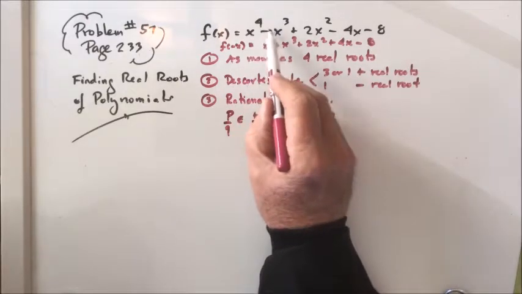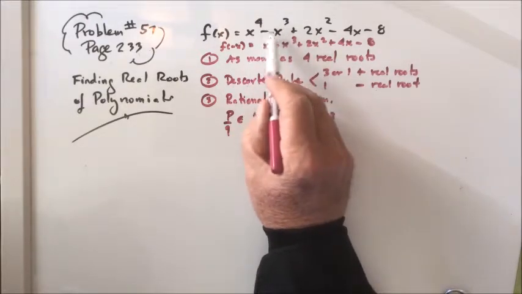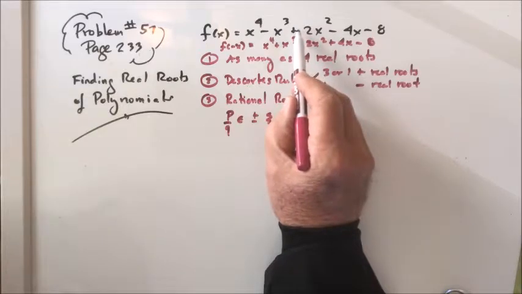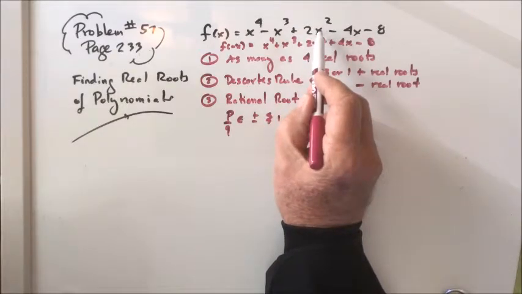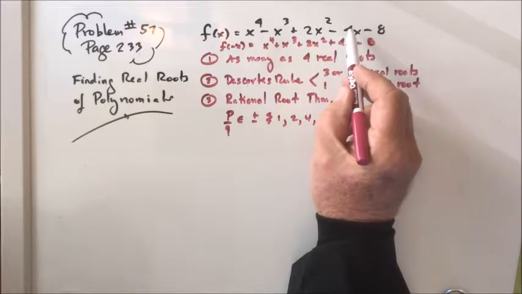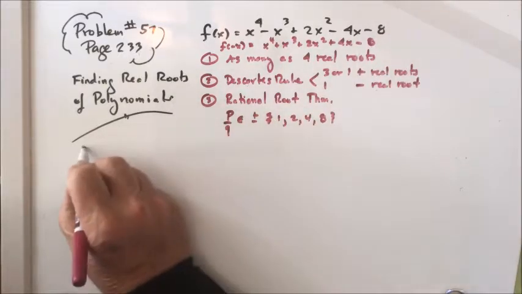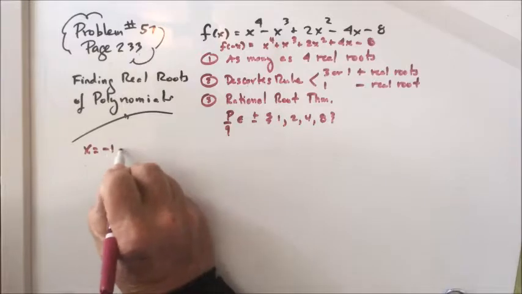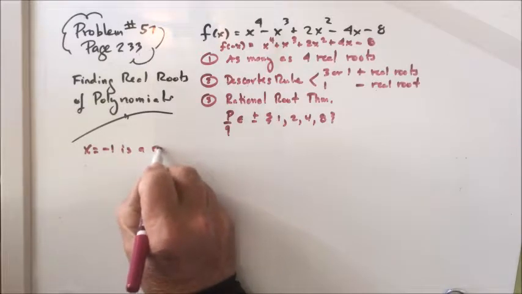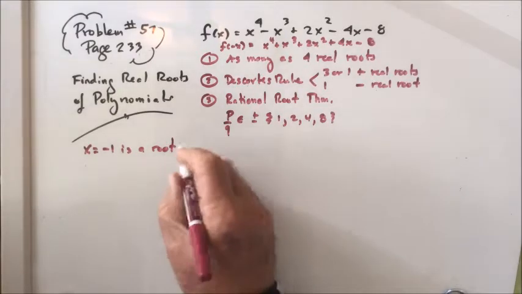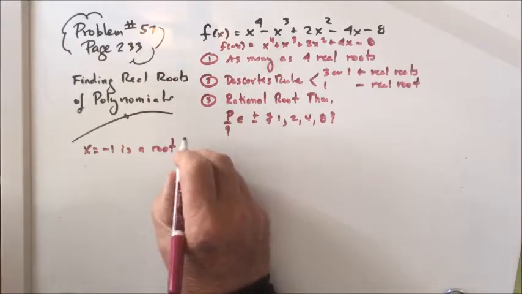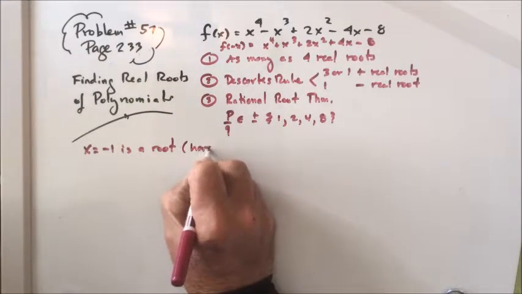So I get 1 minus a minus 1, so I get 2, plus 2, there's a 4, there's another 4, so I'm up to 8, and I subtract 8. So sure enough, x equals minus 1 is a root. Let's fire up some confetti, have a party.